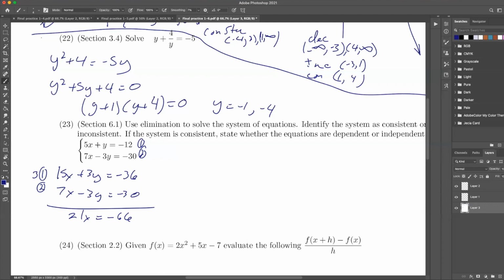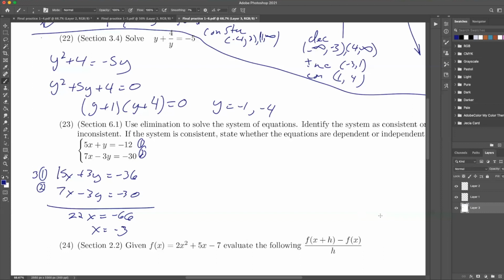Multiply by 3, add this up, I get 22, not 21. It's still a pretty bad number. Oh no, I guess it's not at all. Equals minus 66. And then when I divide this out, I just get a boring minus 3.